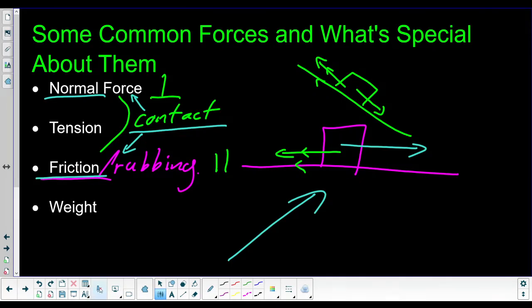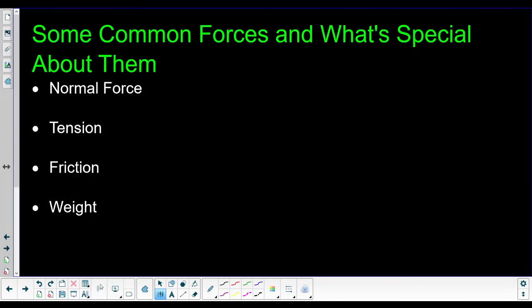Okay. The last force that is super special and in almost every single problem is weight. Weight occurs because of gravity. Okay. So when we say, what's the weight of an object?